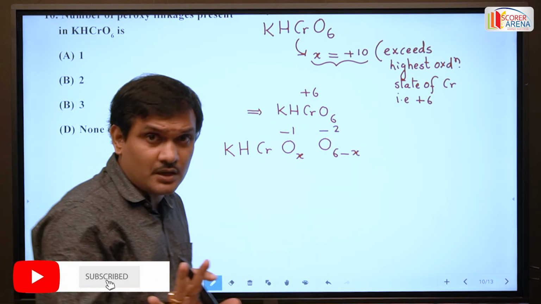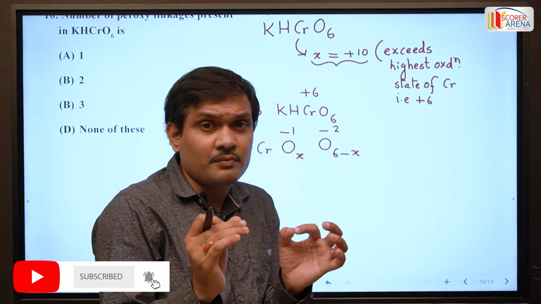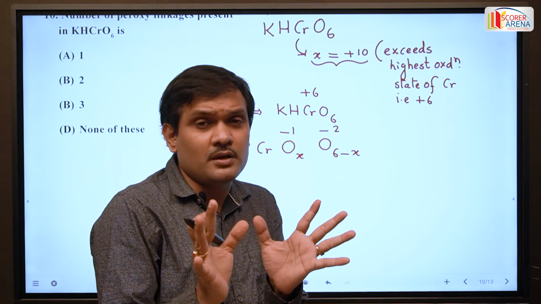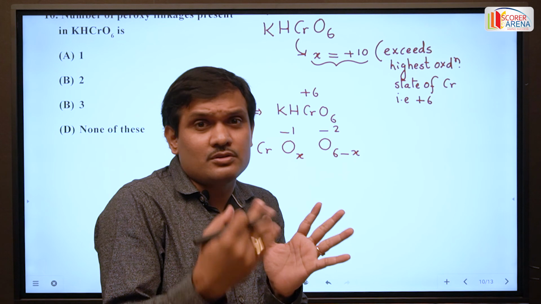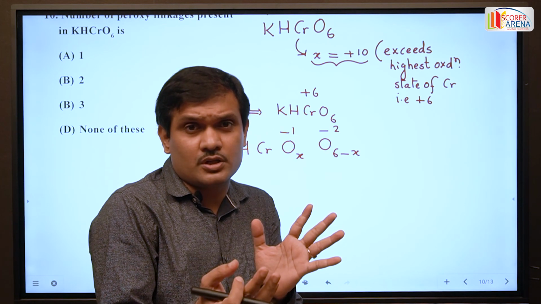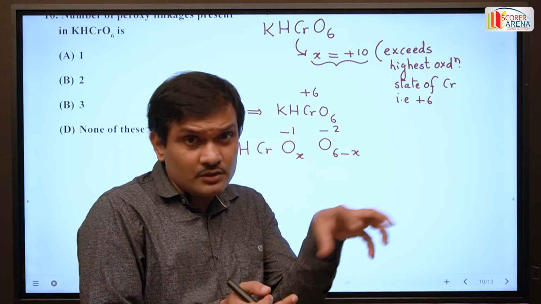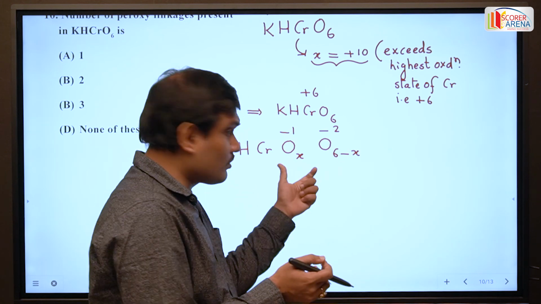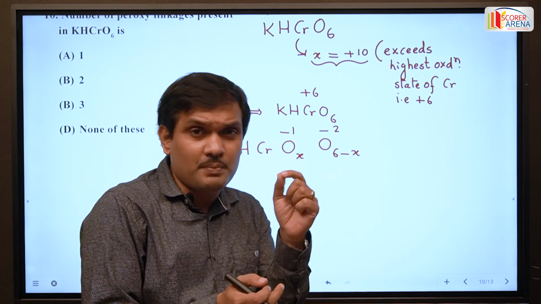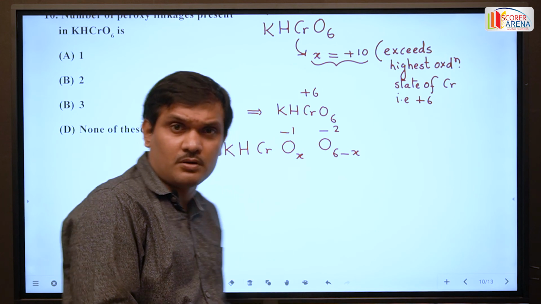Very simple idea. If there is an excess of the highest oxidation state, confirm there will be the presence of peroxide. Using this concept, I can also calculate the number of peroxy linkages present in a particular compound.